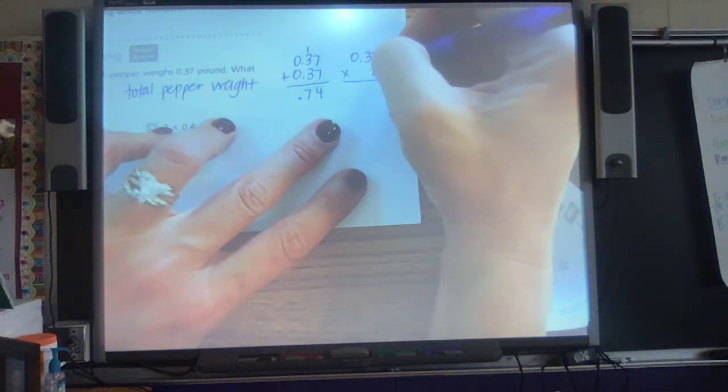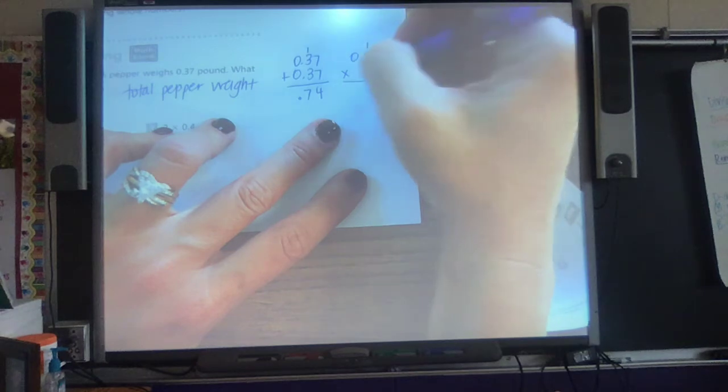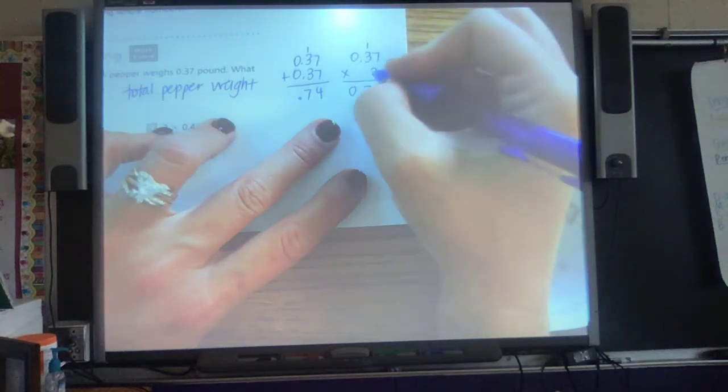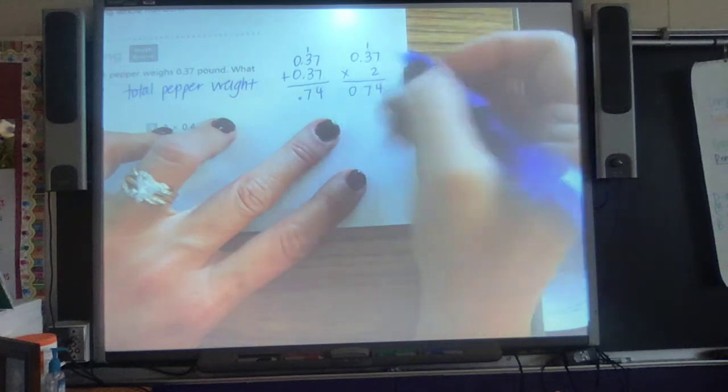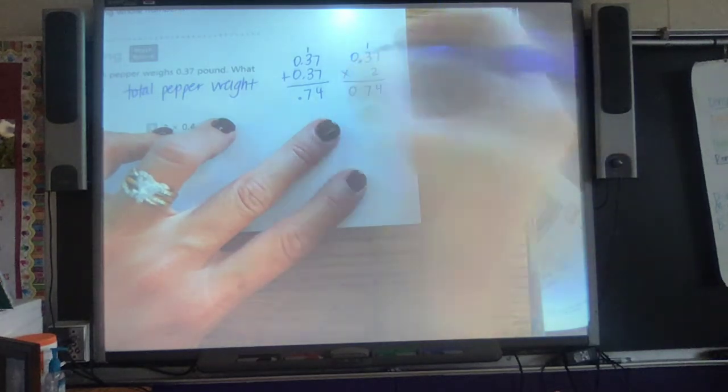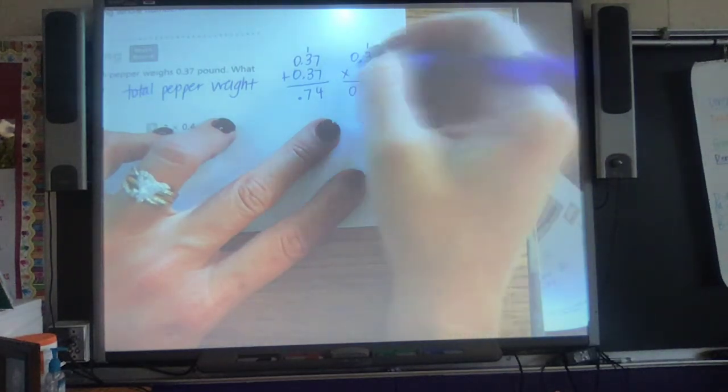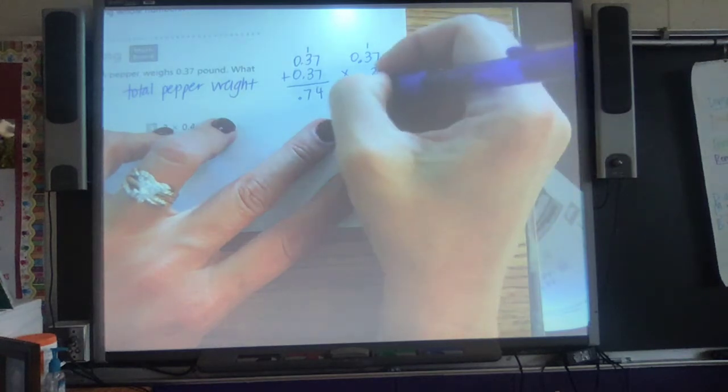Same over here. 2 times 7 is 14. 2 times 3 is 6 plus 1 is 7. 2 times 0 is 0. And to know where my decimal is, where does it make sense for it to be? If you pretend this is money, you have 37 cents twice, you're still going to have less than $1.